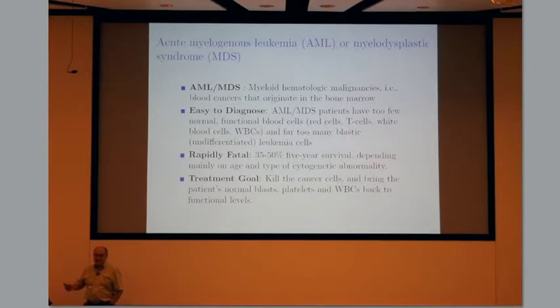In any case, this disease is very easy to diagnose because the patients have too few normal functional blood cells, namely red cells, platelets, white blood count, and so on, and far too many blastic or undifferentiated leukemic cells.